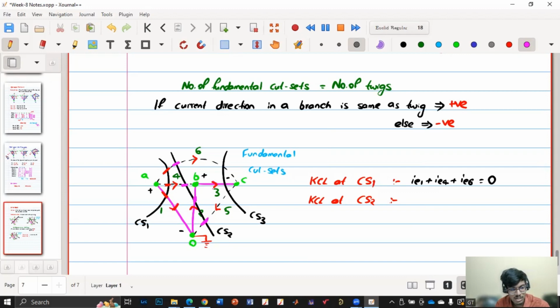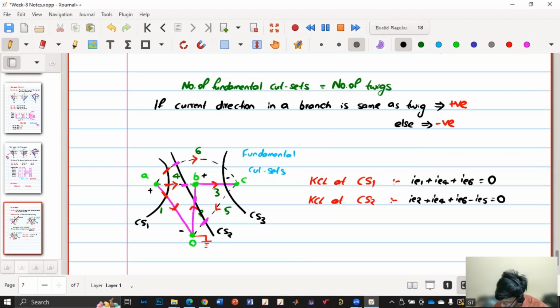The convention is according to the twig. If the current is entering, it is positive. So IE2 is positive, IE4 is also entering, and IE6 is also entering, so plus IE4 plus IE6 minus IE5 equals 0.